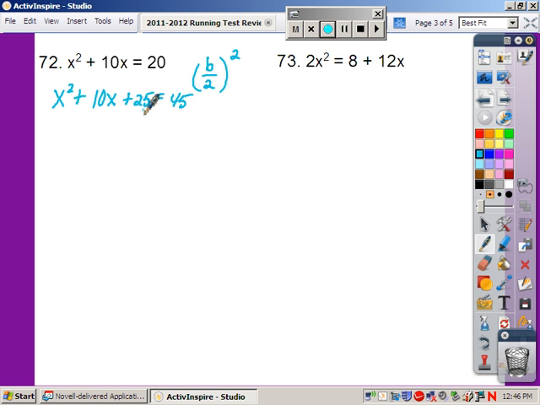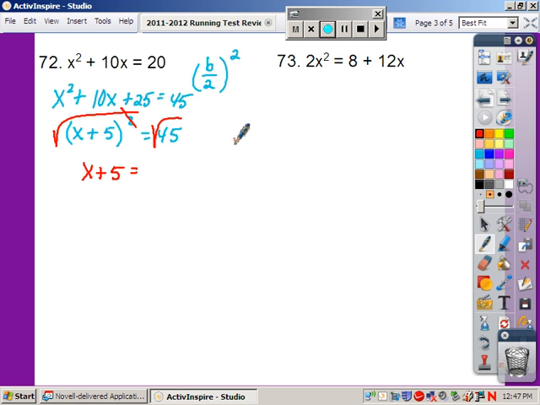So when I figure out what number goes here, I know the factoring will always be the same. It's going to look like this. Square root of this, the sign of this, and the square root of that. So then now I'm going to get rid of this square by square rooting both sides and allowing that to cancel, and I'm down to just x plus 5. So I went from all of this down to just x plus 5 in really one step.